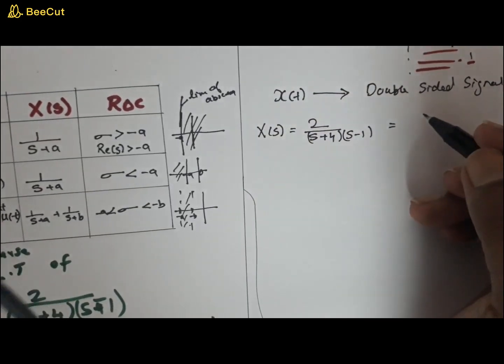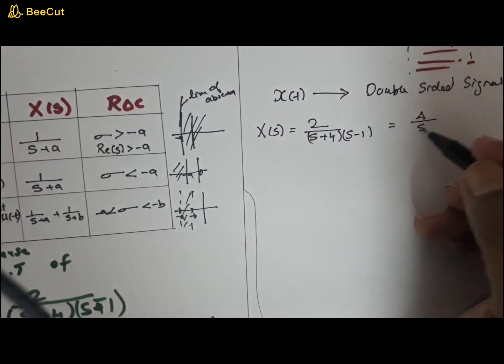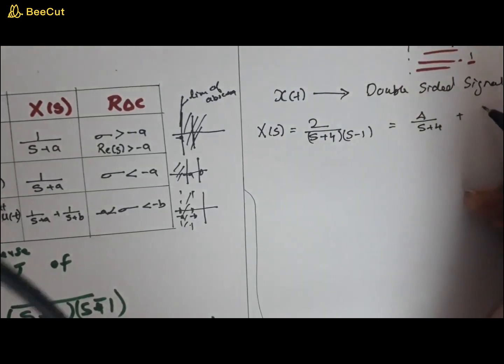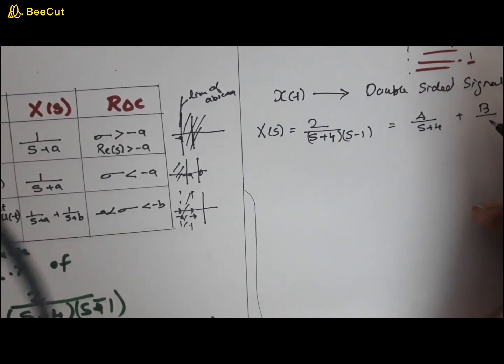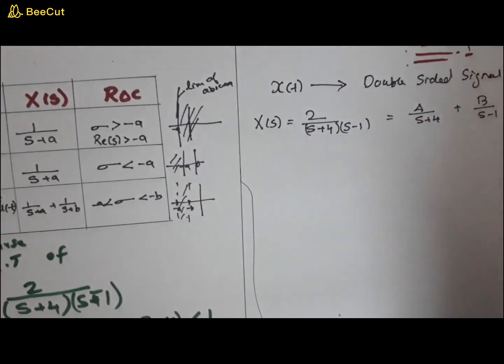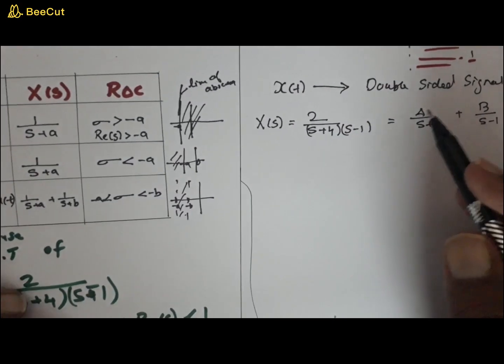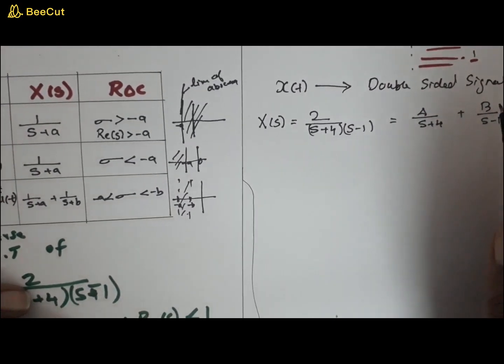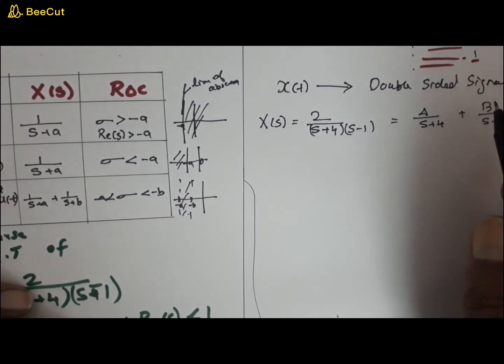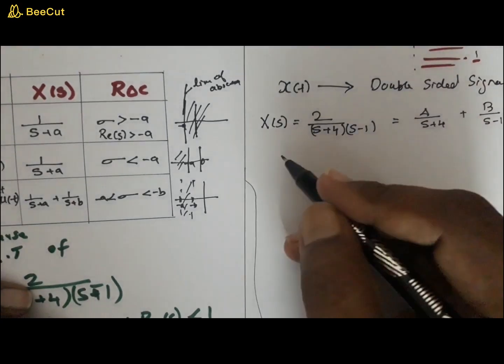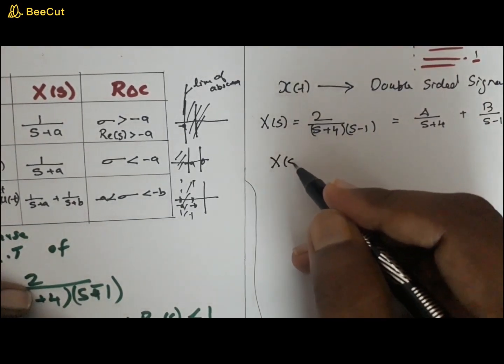So you can write this as a by s plus 4 plus b by s minus 1, and you can work out and find the values of a and b. That is given as an exercise for you. Finally you will get an expression like this.